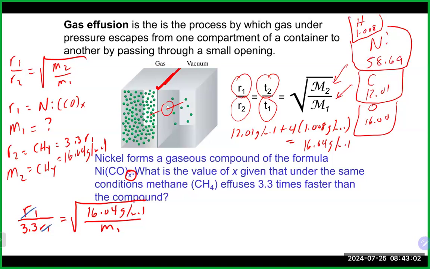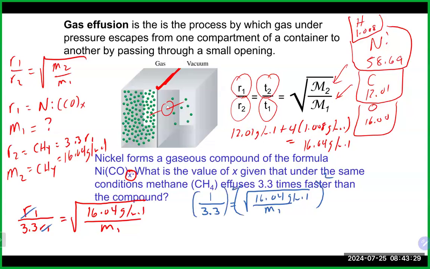That gets me 1 over 3.3 equals the square root of 16.04 divided by M1. To get rid of the square root, I need to square both sides.